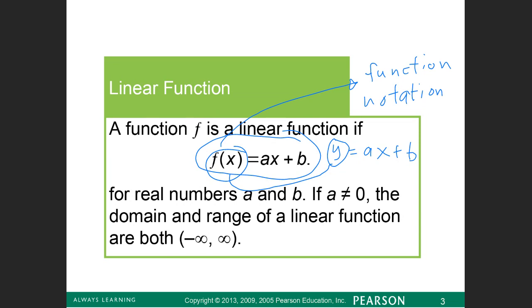And then the domain, which is our x, and the range, which is our y values, is just negative infinity to infinity, so all real numbers.